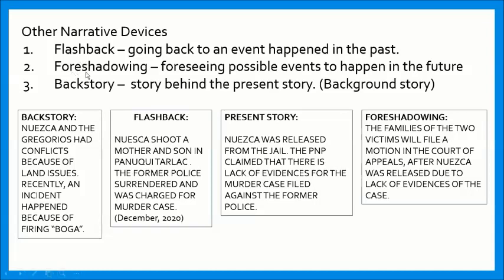Another narrative device is foreshadowing. This is foreseeing possible events to happen in the future. So in terms of literary works, foreshadowing we can usually relate with the plans and future actions to be taken by the character.